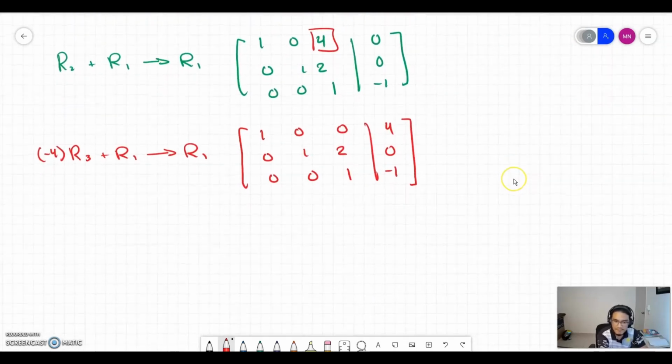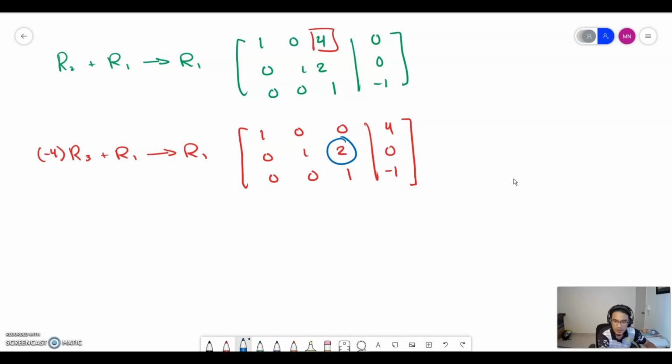Then the final step is to remove this number 2. So we take -2 multiply with row number 3 plus row number 2 becomes new row number 2. So it will be 1, 0, 0, 0, 1, 0, 0, 0, 1.